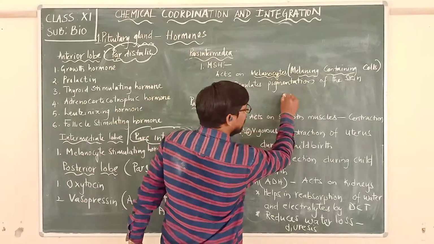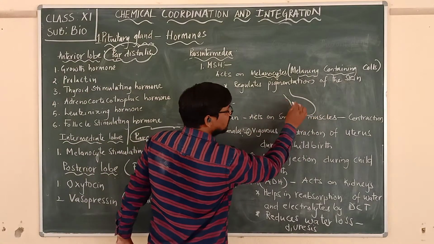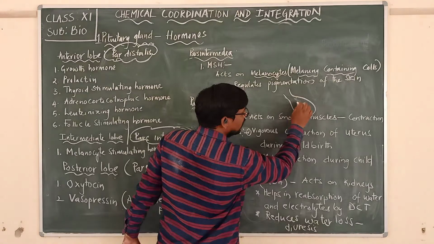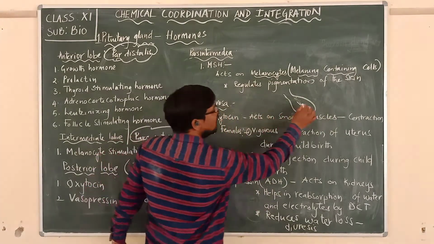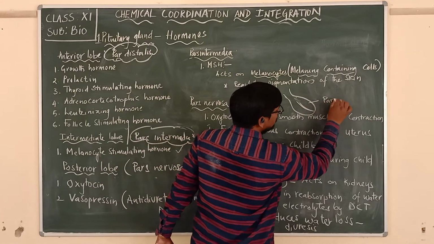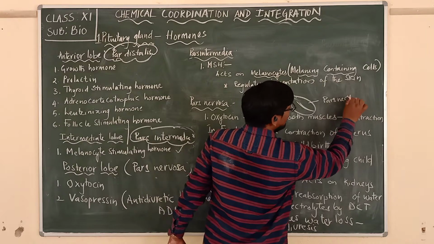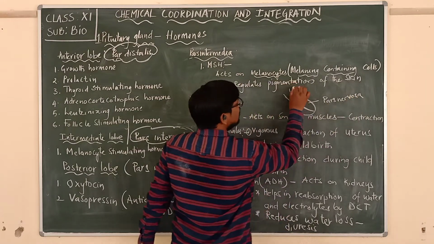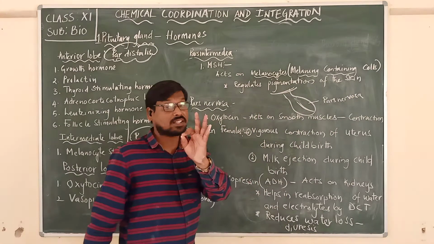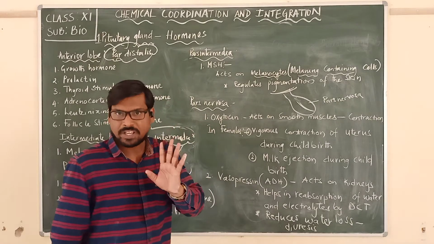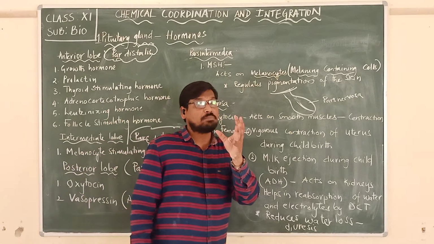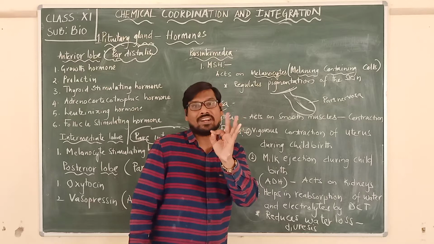Very important thing, let us remember: this particular lobe, pars nervosa, is directly under the control of the hypothalamus, or otherwise we can say the hypothalamus containing the neurosecretory cells.